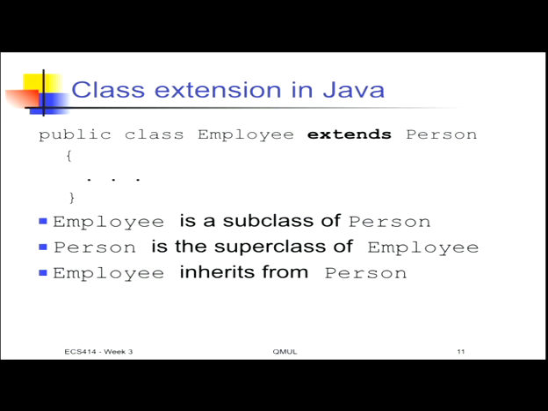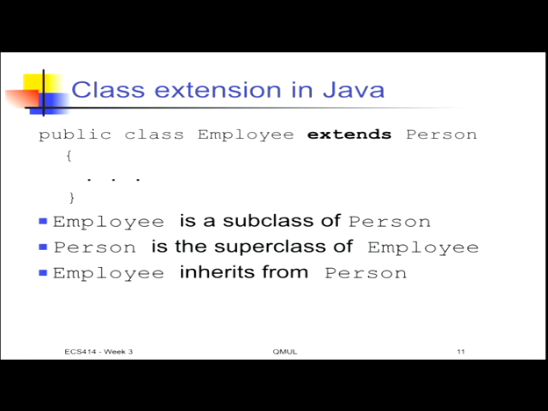And we can word this in different equivalent ways. When we declare Employee extends Person, we are saying that Employee is a subclass of Person. We can say that Person is the superclass of Employee, or also that Employee inherits from Person. Now, notice one thing that I say: Employee is a subclass of Person. So there could be many subclasses of Person. Yeah?